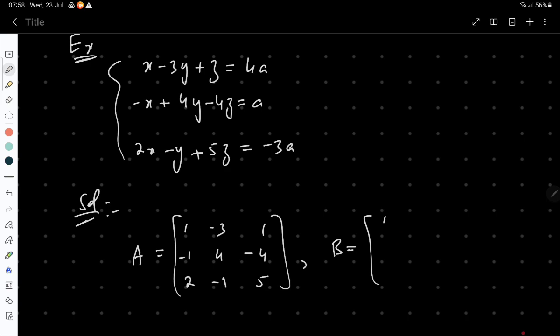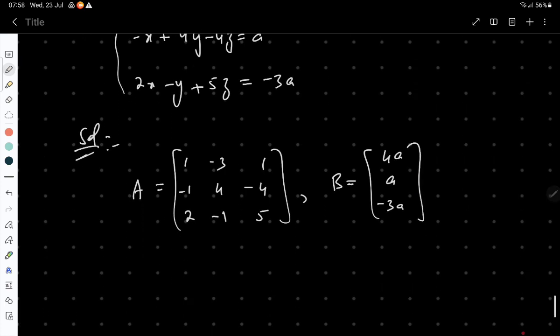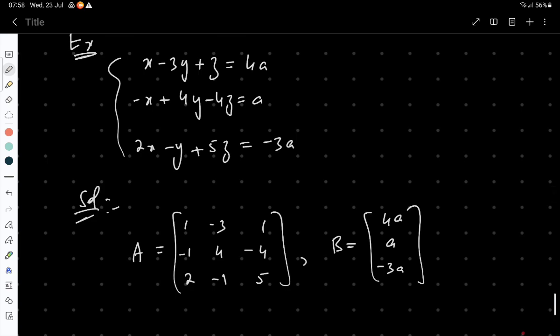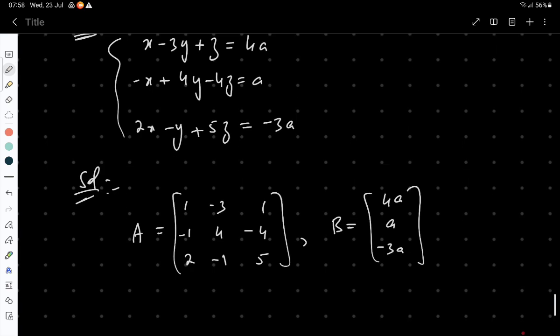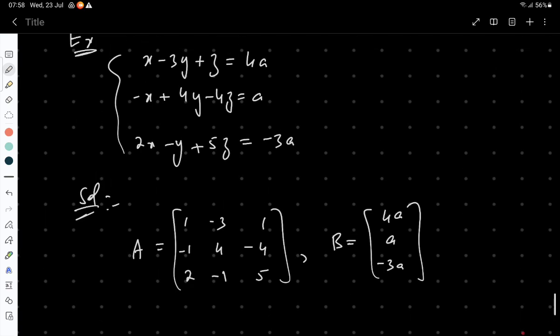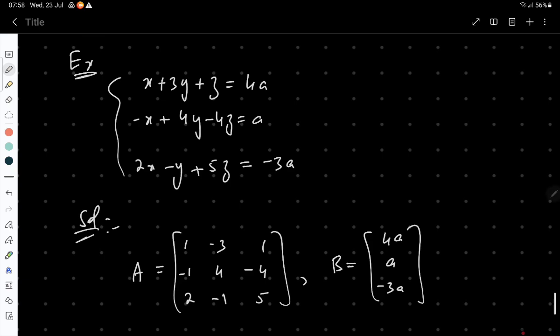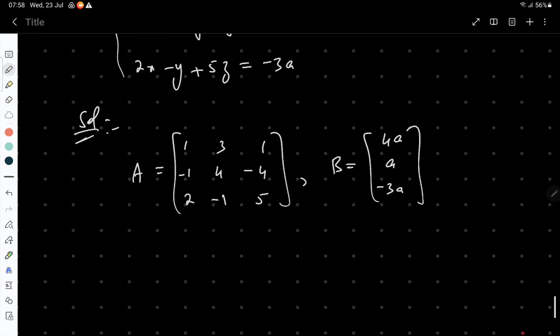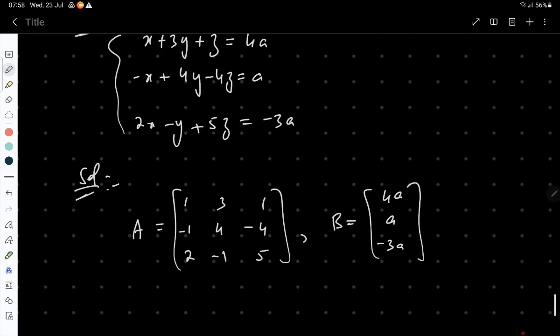And what is B? 4a, a, minus 3a. I think here we have plus 3. Sorry. Okay. So first of all, I have to check whether this system can be solved or not.